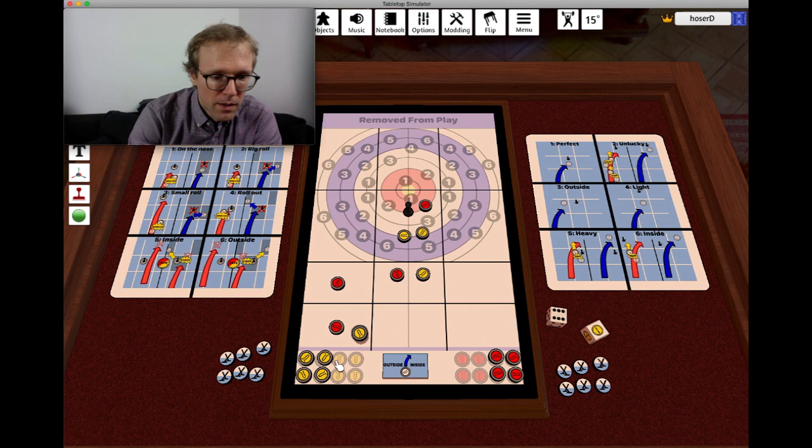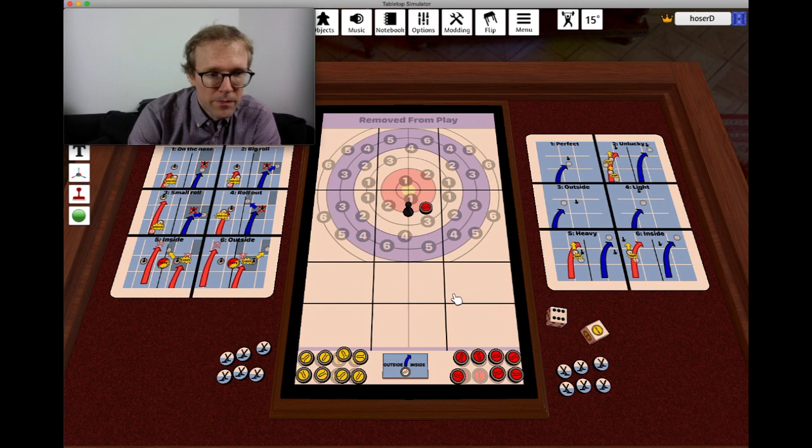There are a couple of things that can make a draw easier than shooting at an open sheet. So if there is another stone in play in the region where you are trying to go, you actually have a 3 in 6 chance of successfully ending up where you want, right?